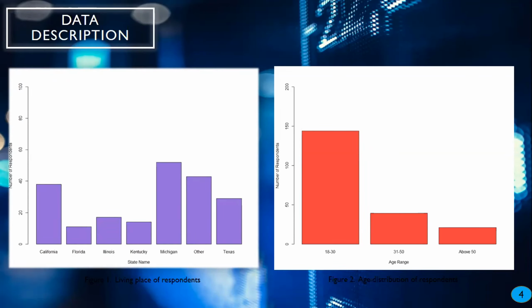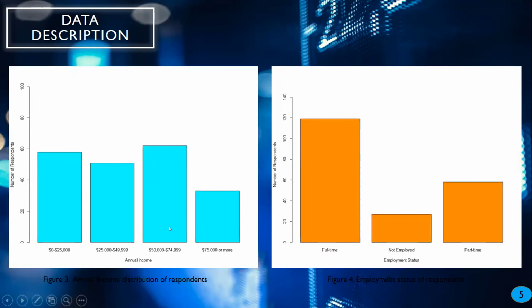In this bar plot, Figure 2, we can see that most of my respondents are young people, and only about 20 or 25 people are above 50. In Figure 3, we can see the annual income distribution of respondents. We have a mainly even distribution.